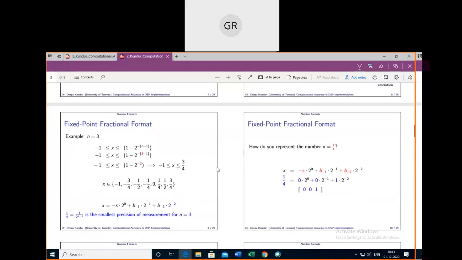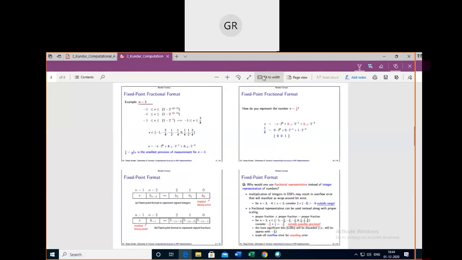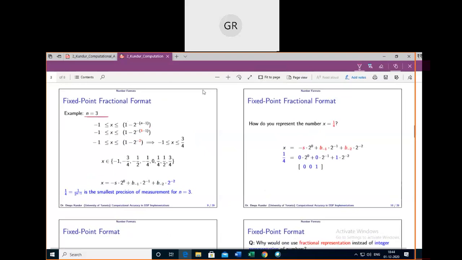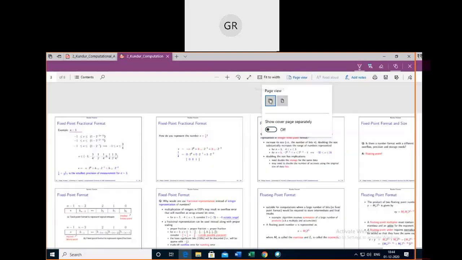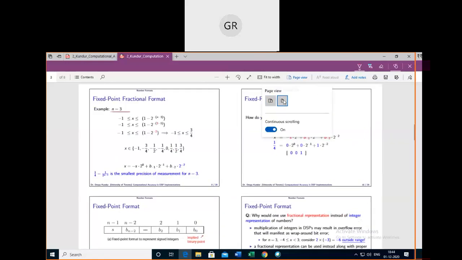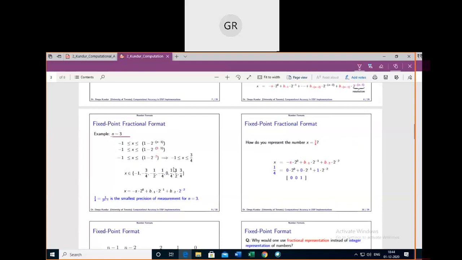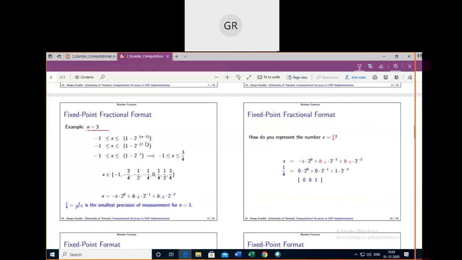Okay, see here. If n equal to 3, what is the range?